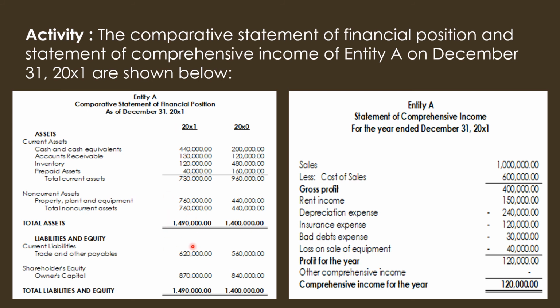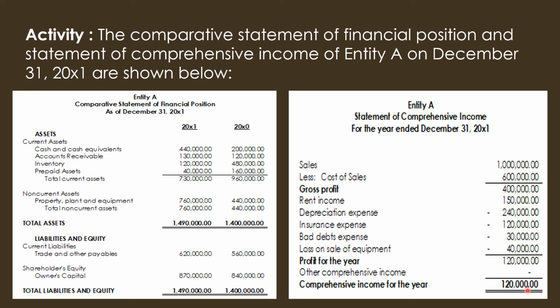Balance tayo sa total assets, total liabilities, and equity. Same in here, 1.4, 1.4. Okay? Here are your current assets, non-current assets, so this is your total assets. While for your liabilities, current lang ang meron tayo and then shareholders equity na agad.